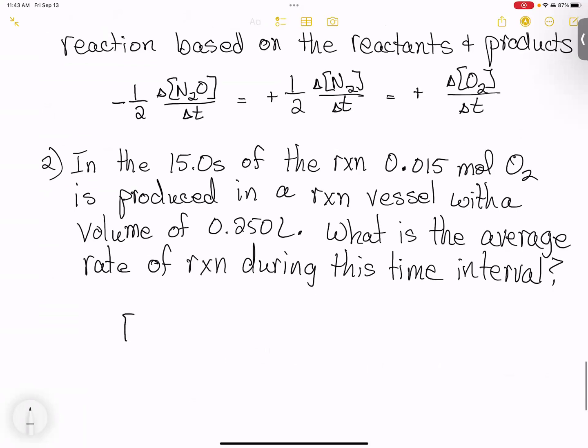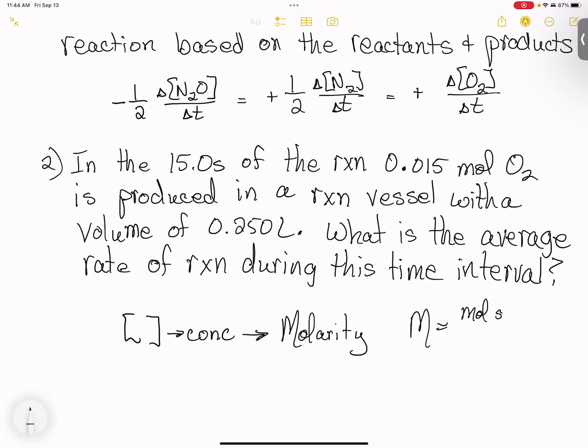Okay, brackets means concentration, typically molarity. Brackets means concentration, and for the most part, we will be using molarity. Molarity, if you'll recall, is moles of solute over liters of solution.